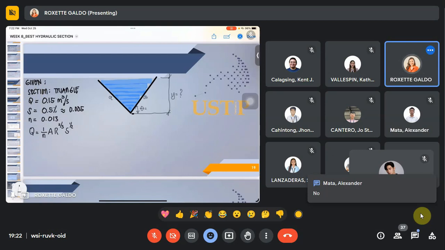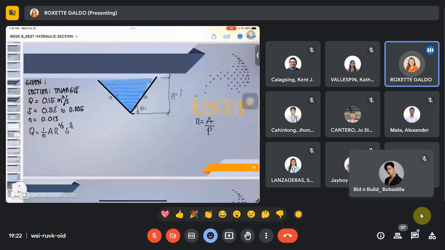Bobadilla, Mark Anthony, do we already know? Okay, that's very good. We don't have the value for our area. Now R is equal to the area over the wetted perimeter. We don't have the area, and we also do not have the wetted perimeter because both of these values include the dimensions of our triangular channel. Now S is known, which is equivalent to 0.005.